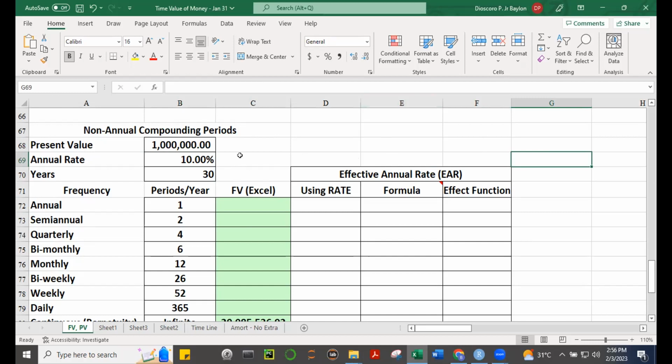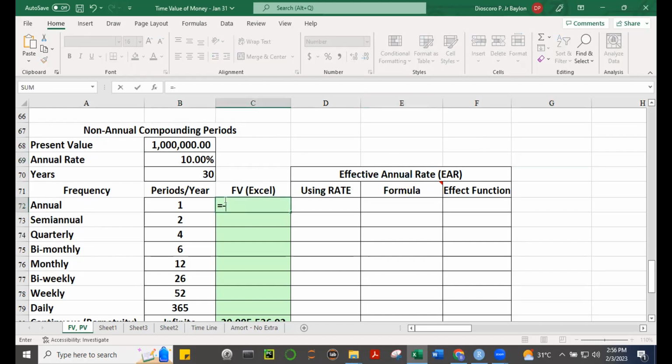Okay, so when we use FV equals negative FV, what would be the rate? Take note, our rate will depend on the periods per year. If it's annual, then it's 10%. If it's semi-annual, how much will be the interest? You chatted a while ago that it's 5%.